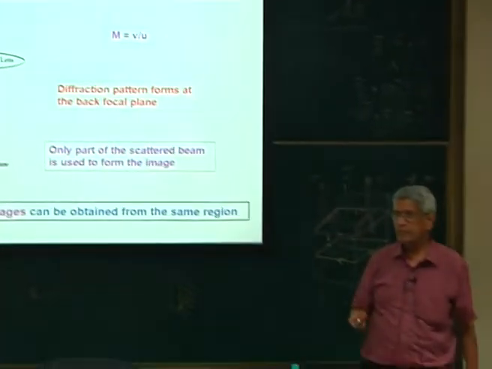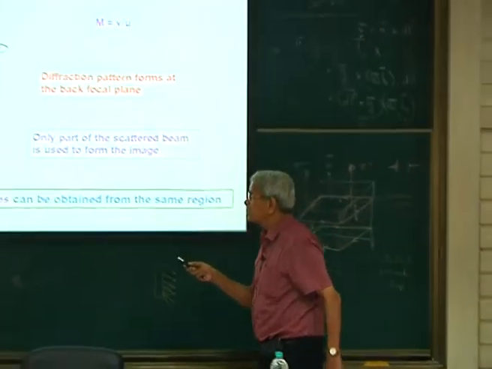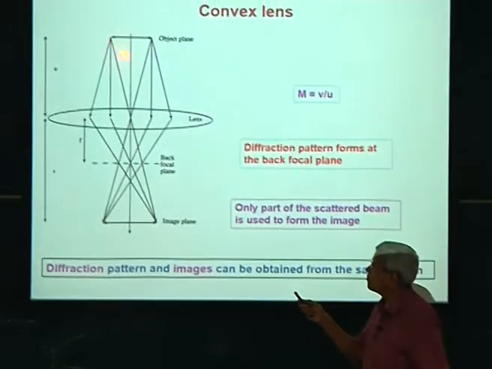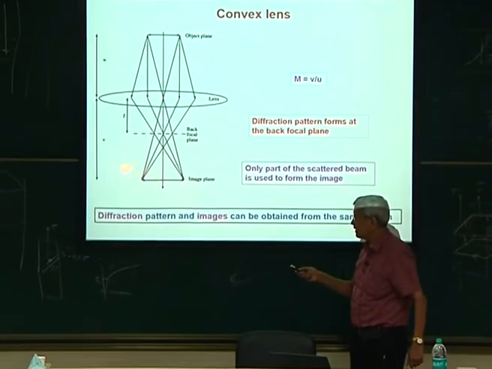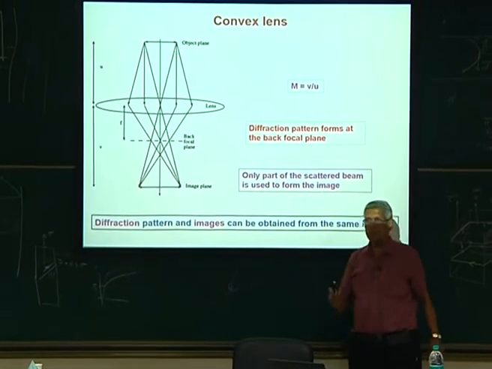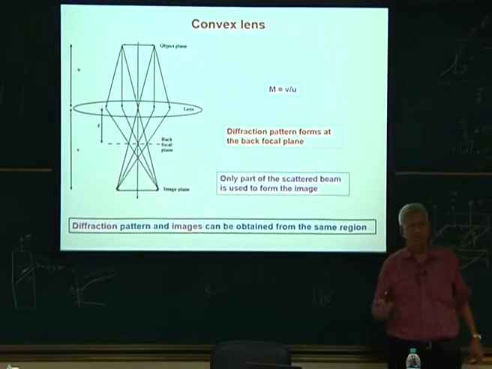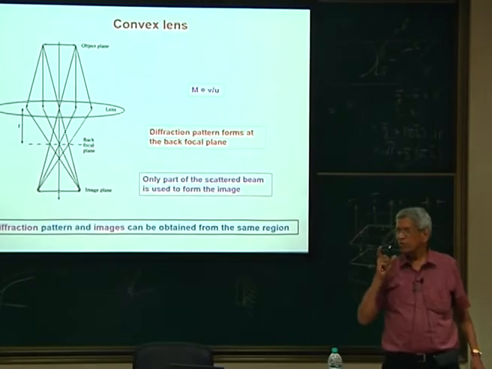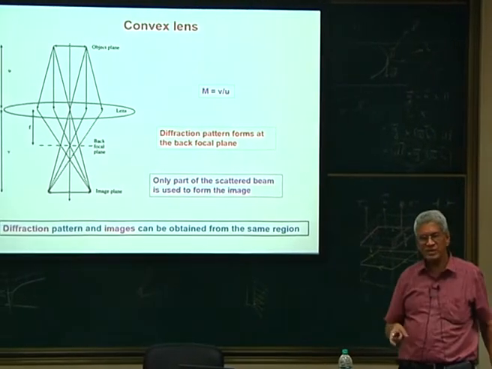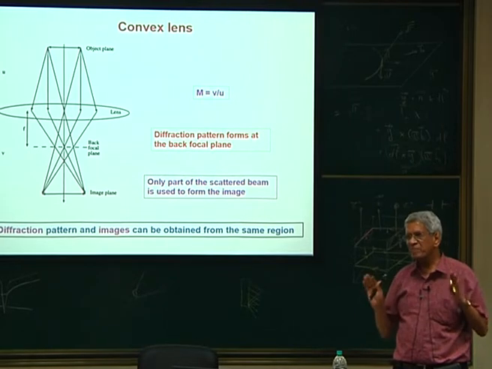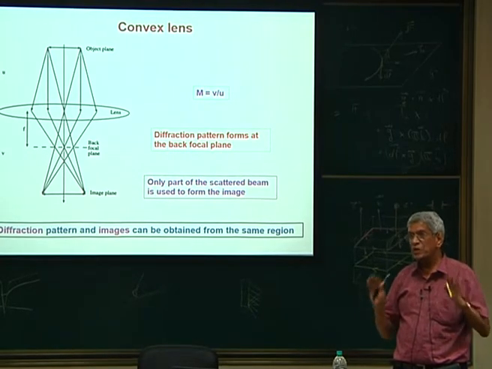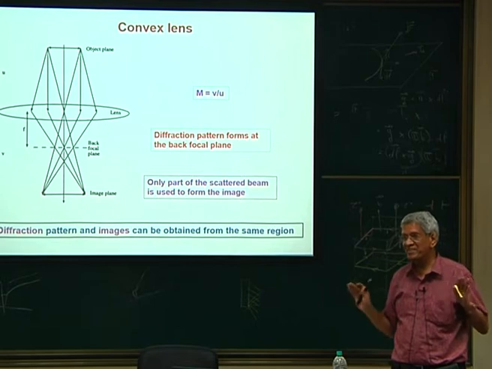The rays scattered from different points in the sample are all brought to a focus at the image plane. That means the property of any lens is that we can get diffraction information as well as image information from the same sample. It's an inherent property of a lens.